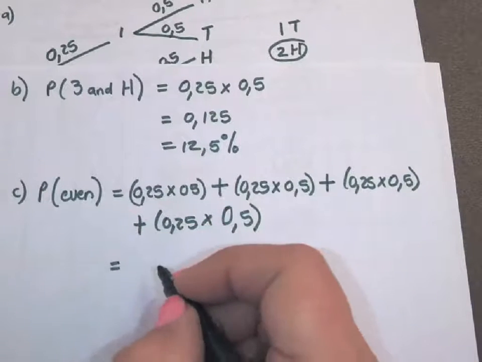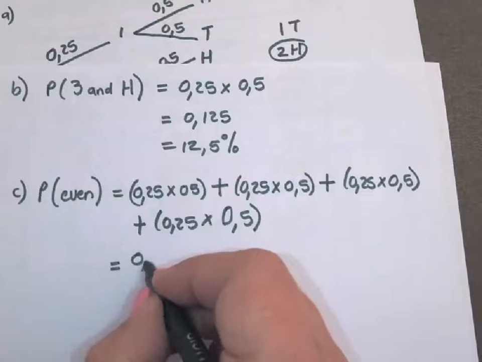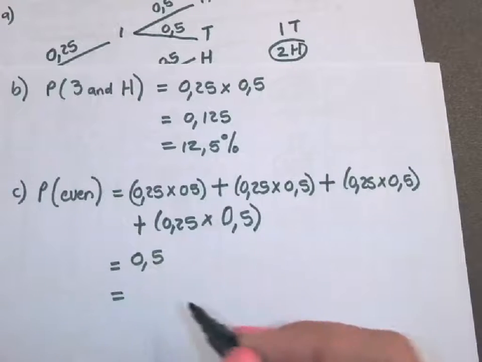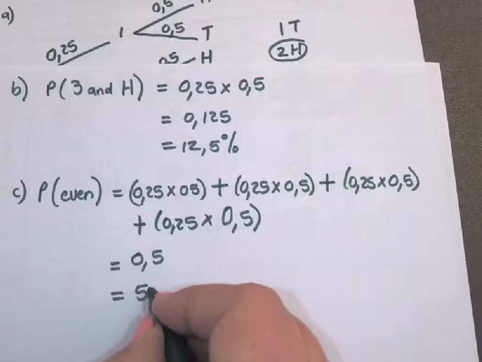And that gives me, if you add everything, 0,5. If I want the percentage, 50%.